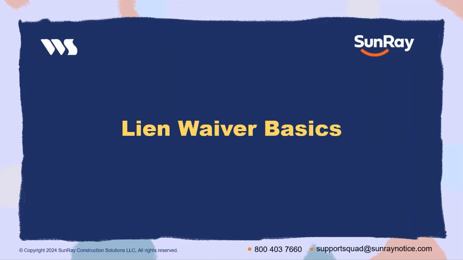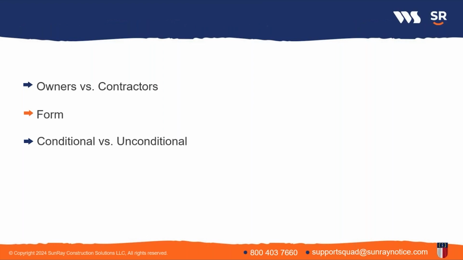So first, the lien waiver basics. I think everyone on this call probably knows what a lien waiver is, but it's exactly what it sounds like. It is a document that waives a subcontractor or GC's right to assert a lien on property. And there are obviously multiple players involved in liens, and they each have different interests in preserving or waiving lien rights.